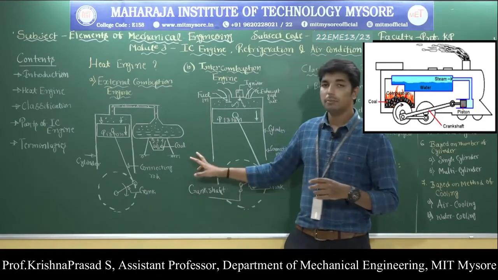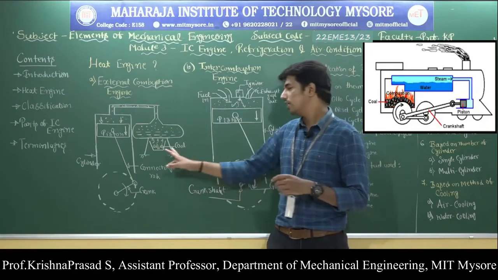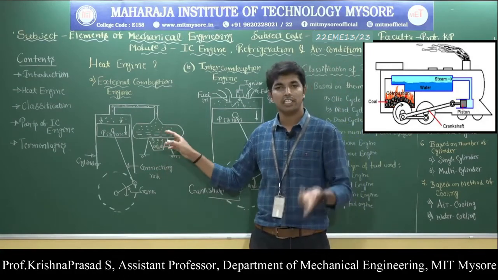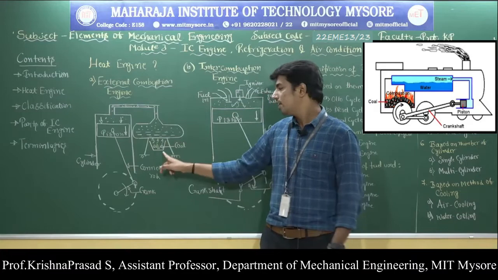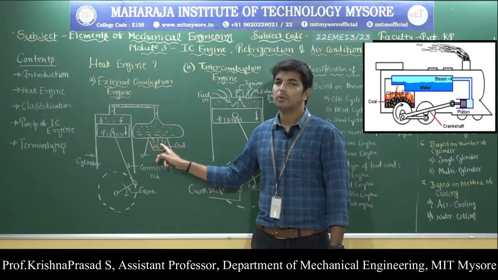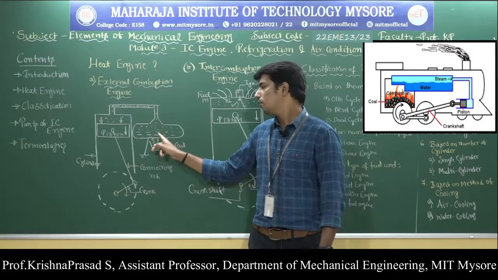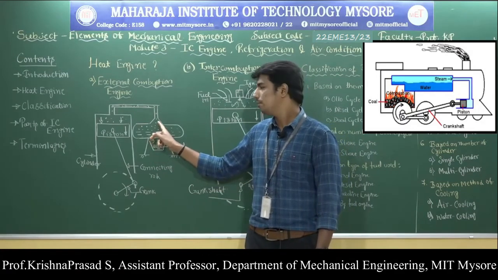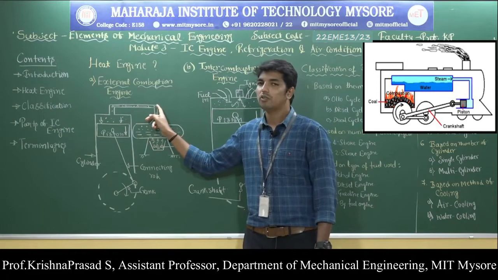I repeat, what is meant by the external combustion engine? In the external combustion engine, the combustion of the fuel takes place outside the engine cylinder and coal is used as a fuel. Whenever coal is burnt, the heat energy produced is used to convert the water into steam. The steam produced has a high amount of energy.